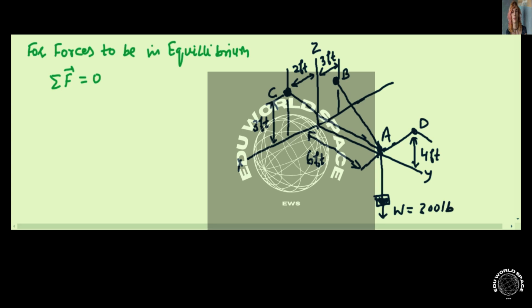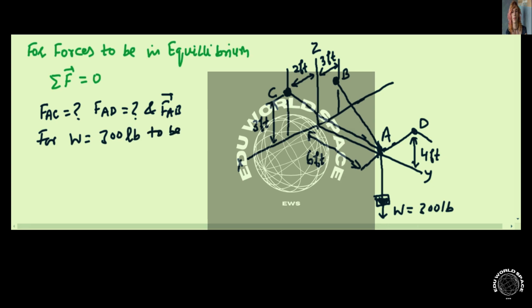So we have to calculate the tension on the cable AC, AD and AB for weight of 300 pound to be in equilibrium. So this is the problem. Now we start solving it.